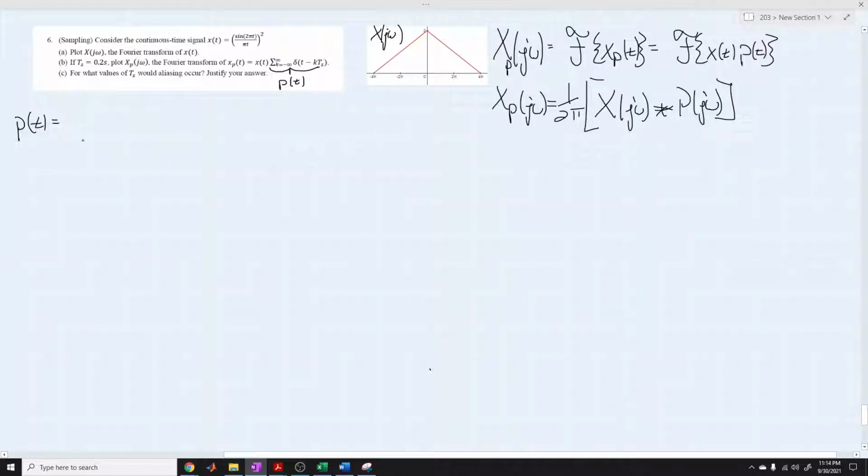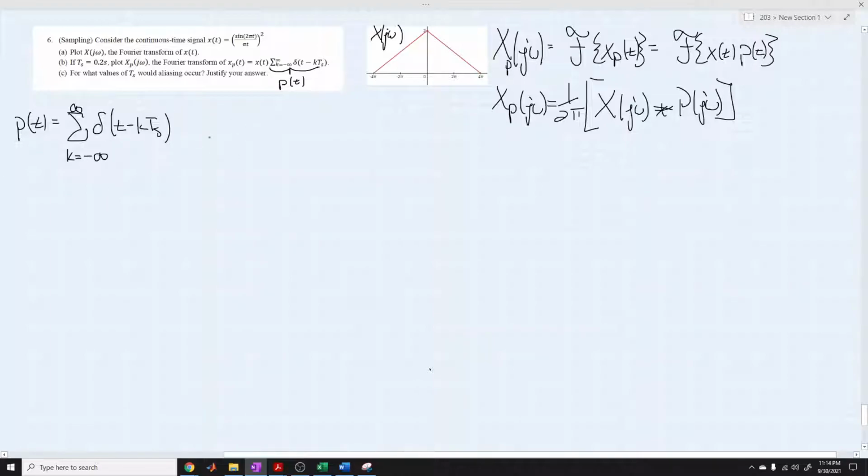So we get that p of t is equal to the summation over all k of delta of t minus k times t sub s. And this is an infinite impulse train. So if t is equal to 0 and we go through all of our k's, at k equals 0 we'll have an impulse. And now if t is equal to t sub s, then at k equals 1 we'll have another impulse.